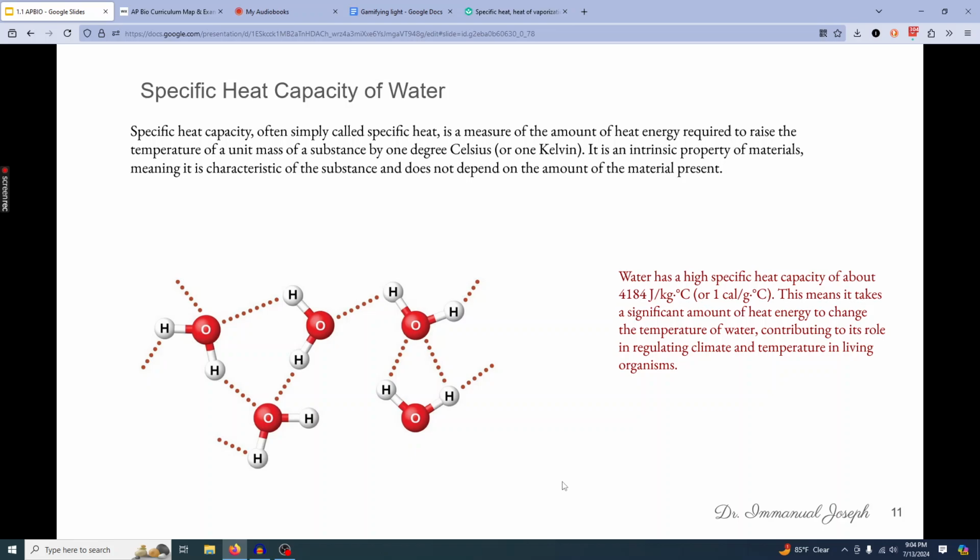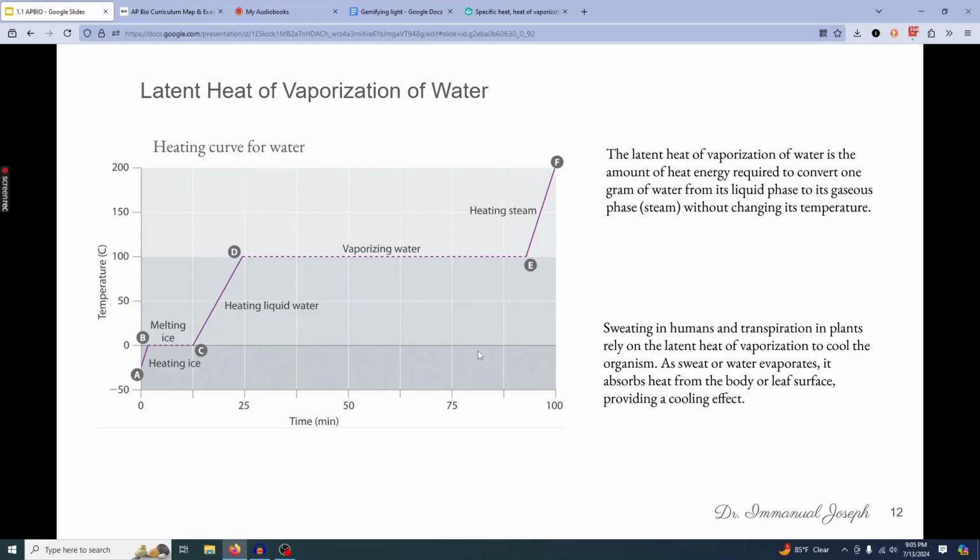Water has an unusually high specific heat capacity. Why? Once again, because of hydrogen bonds. There are a lot of hydrogen bonds that are connecting all of these together. So it is going to take a significant amount of heat to break these hydrogen bonds and raise the overall temperature of water. Okay, so there's one more capacity which is very closely related to this, which is called the latent heat of vaporization of water.